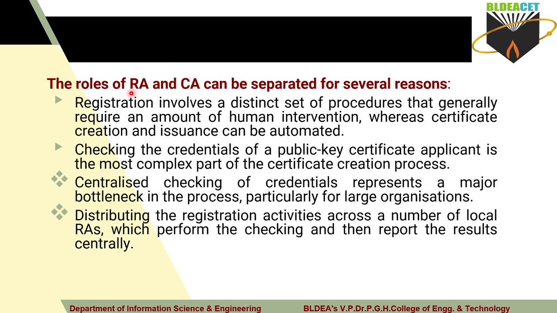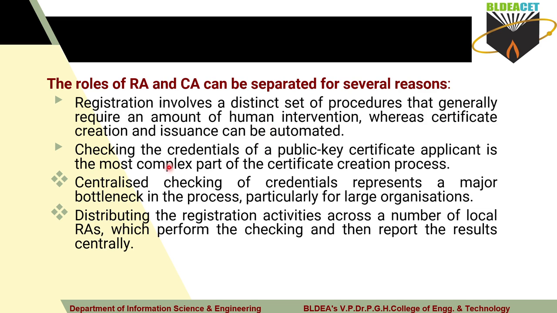So let's see what the roles of RA and CA are. Registration involves a distinct set of procedures that generally require an amount of human intervention, whereas certificate creation and issuance can be automated. So registration means physically being involved in the process, whereas creation and issuing of the certificate is automatic.